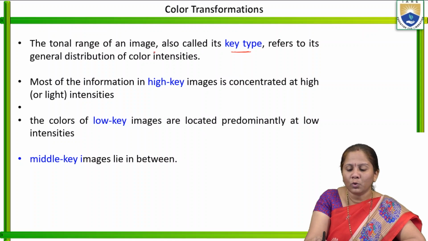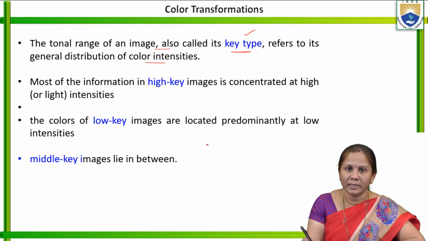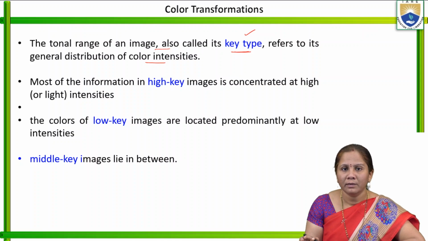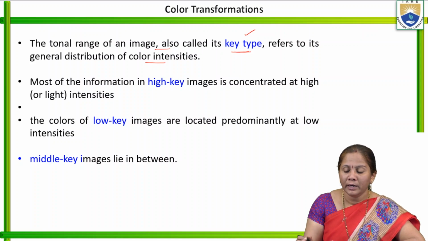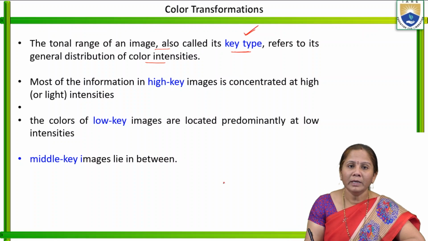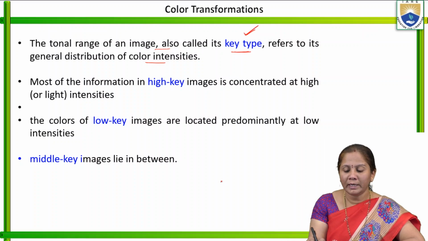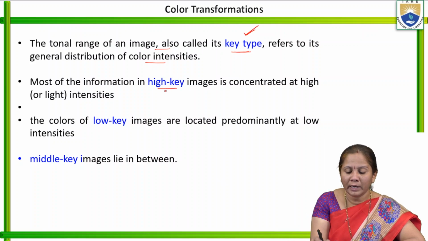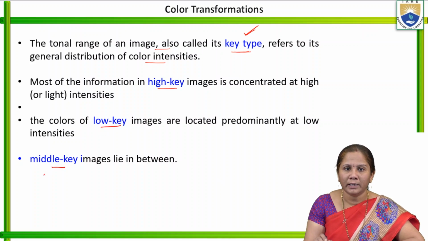That means the tonal range of the image, which is also called key type, refers to the general distribution of color intensity. So to what extent the color needs to be improved, this key type will tell. This key type may be either high key type or low key type or middle key type.